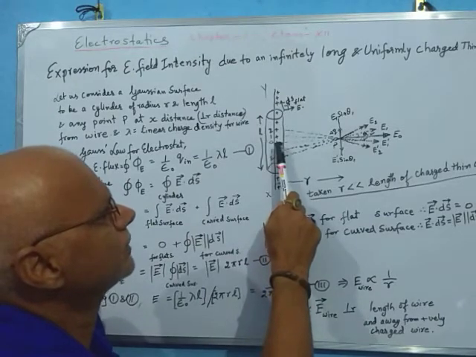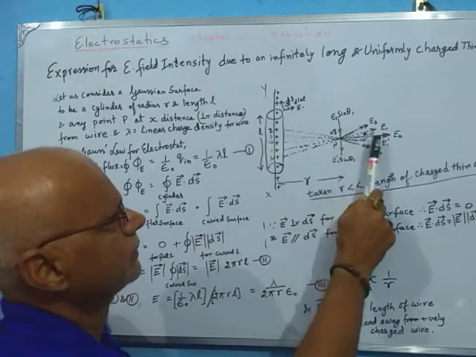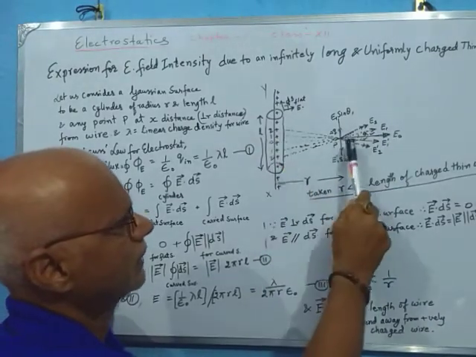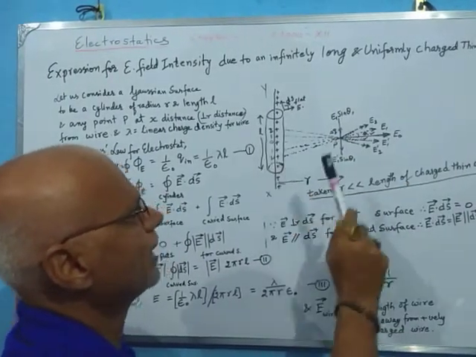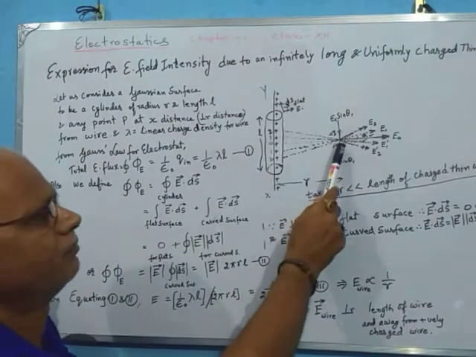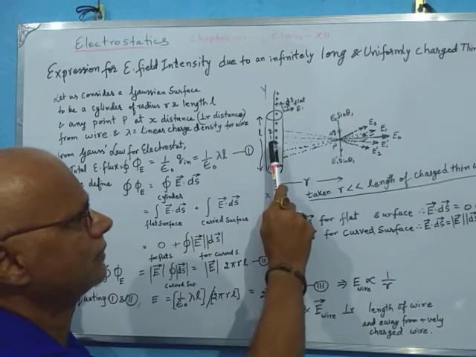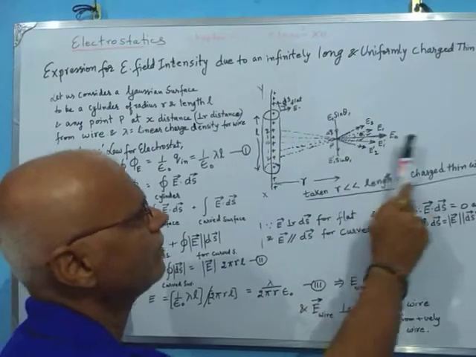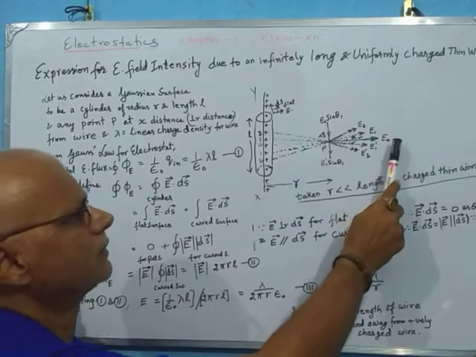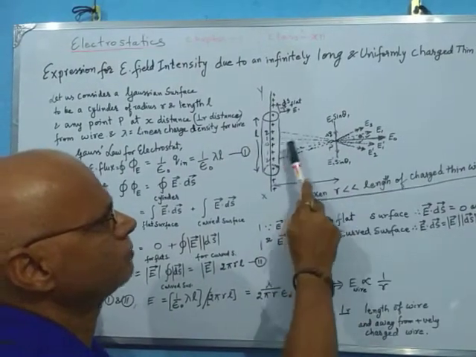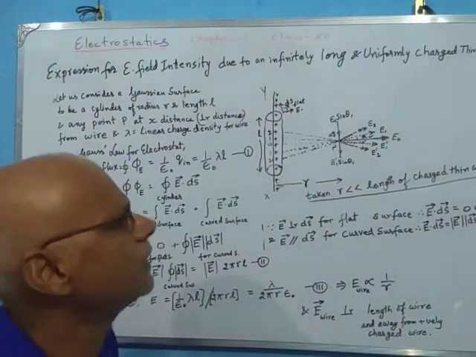For this central charge, we have some electric field at point P which is essentially perpendicular to the wire, because if we have a test charge delta Q at point P, this charge will repel it away from the wire along the direction perpendicular to the wire. So certainly the central charge produces an electric field perpendicular to the wire. It should be clear now.